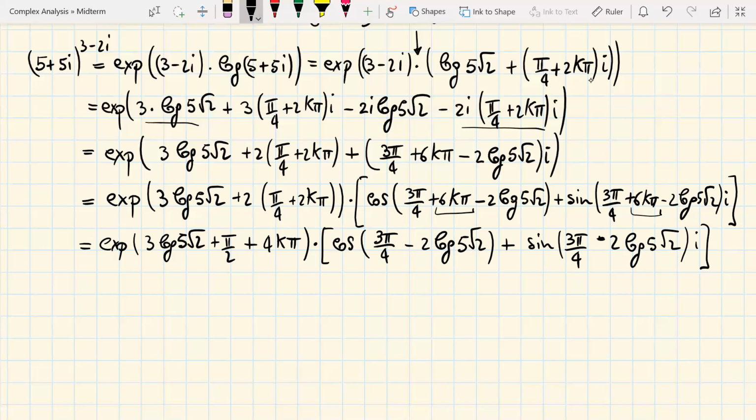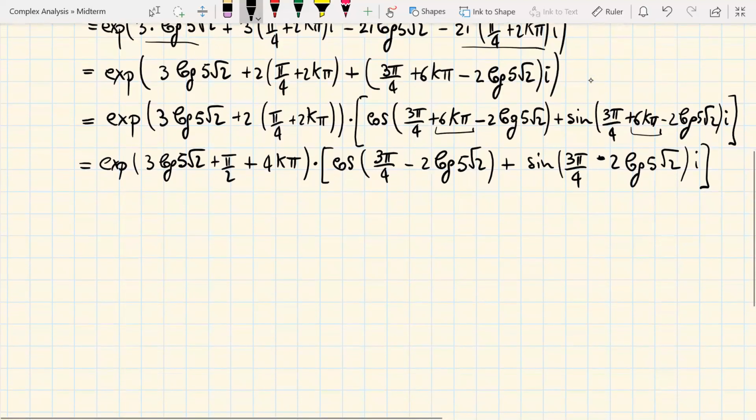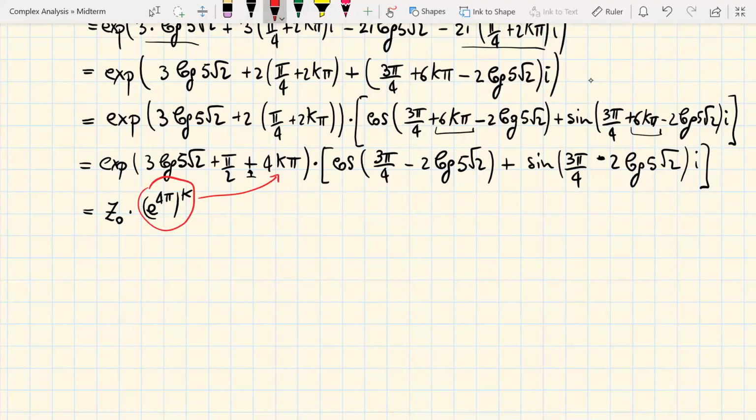If you want to have an idea of where these numbers lie on the complex plane, you can do as follows. You use once again the property of the exponential here. And we can write this number as some z0 times e to the 4πk, where this 4πk comes from this part here.